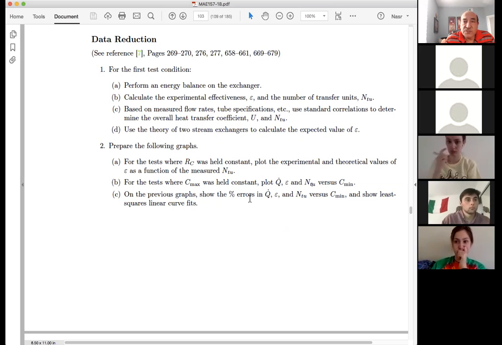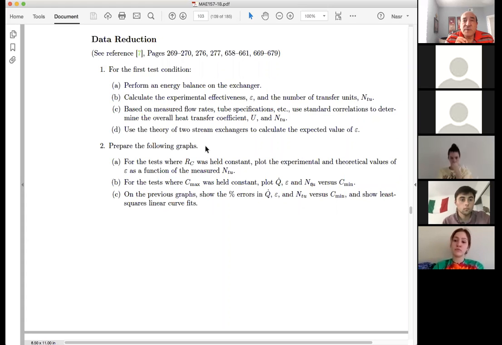Because you repeated every experiment several times, we have some statistical variation, and it gives us an error bar, and then we're going to put the error bars on these plots. So this is all, as you can see here, the data reduction that is required.